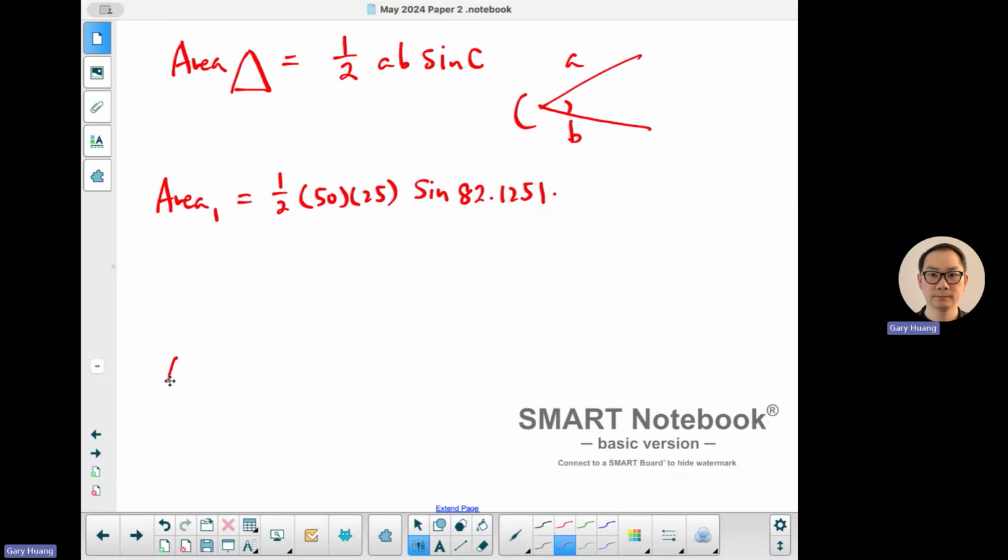The second area would be half ab sine C, and it's 41.8748. Punch in the calculator, and I'm going to be able to find the area.